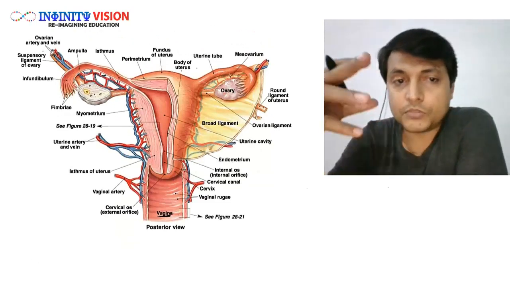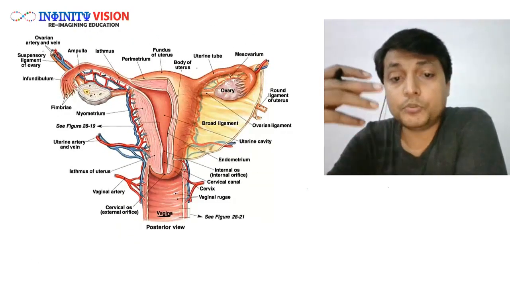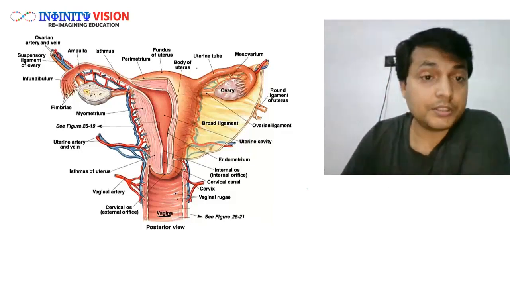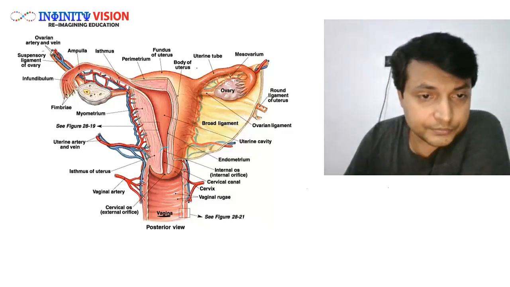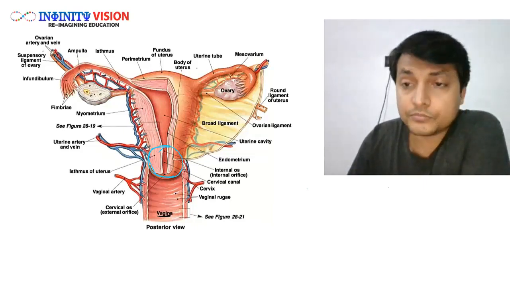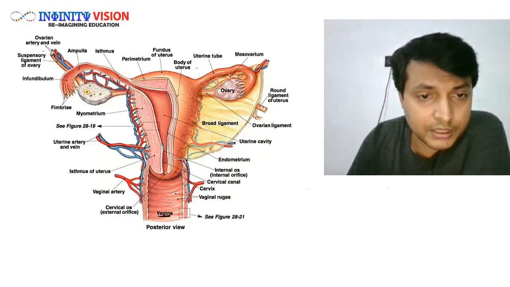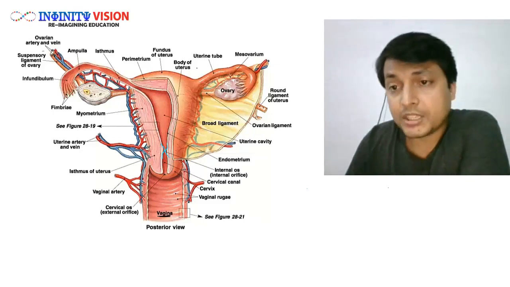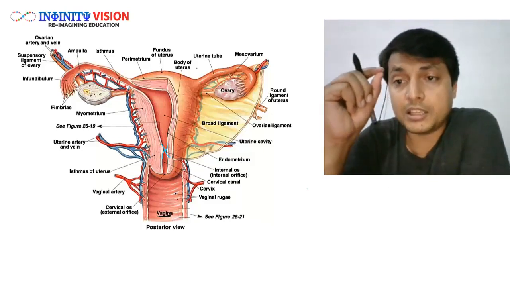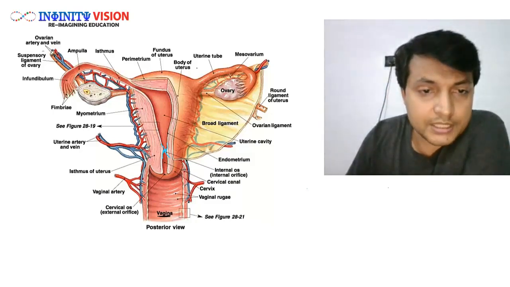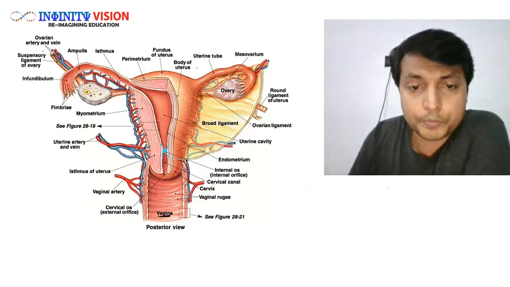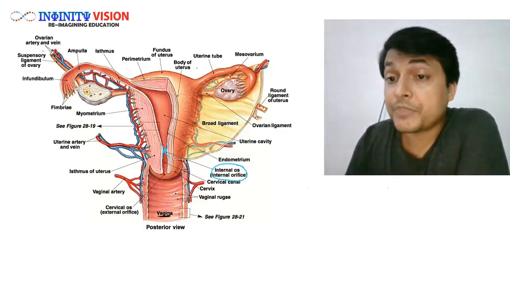Now, after the uterus, oviduct and ovary, let's move to the cervix. Now see here, this part is called the cervix. If you see here, there is a thickening and then again there is a gap. So this makes an orifice, a sphincter is formed here, and this is called the internal orifice of the cervix.